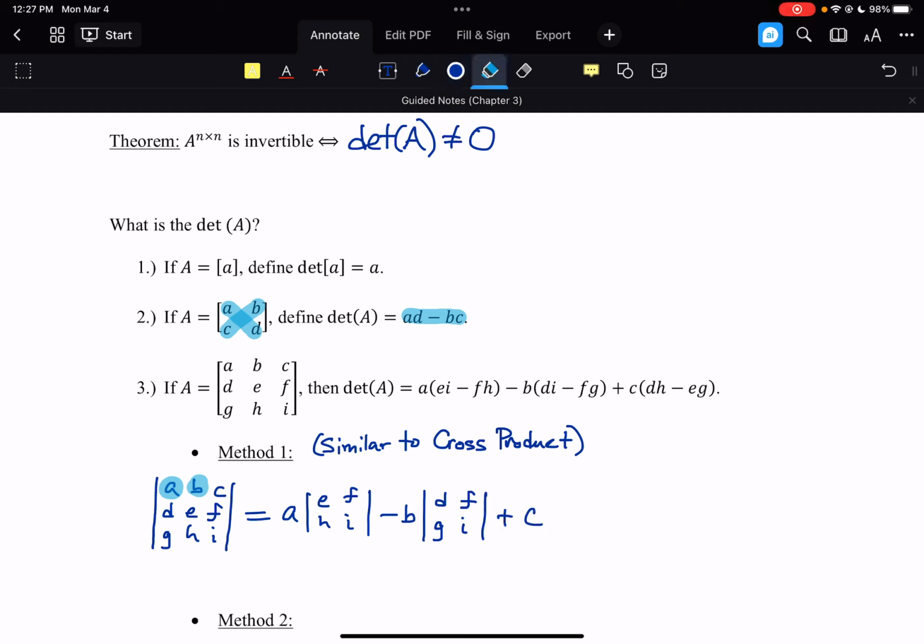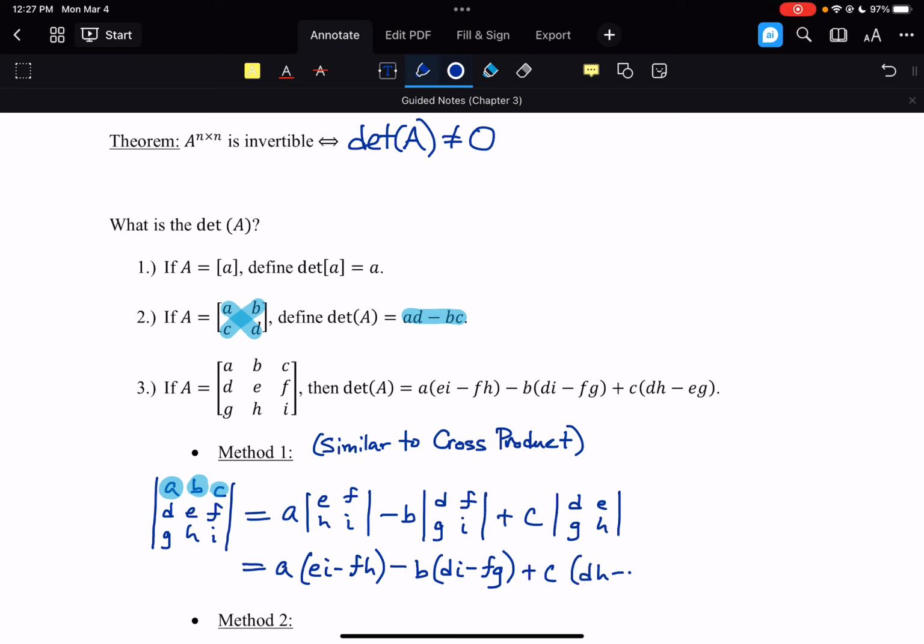And then plus C, the third component, block off its row and column, and we're left with D, E, G, H. Now if we compute these 2 by 2s, we get EI minus FH. So A times EI minus FH, minus B times DI minus FG, plus C times DH minus EG.